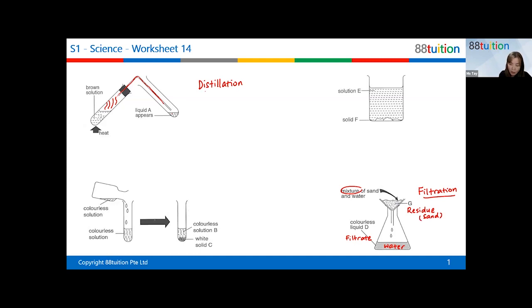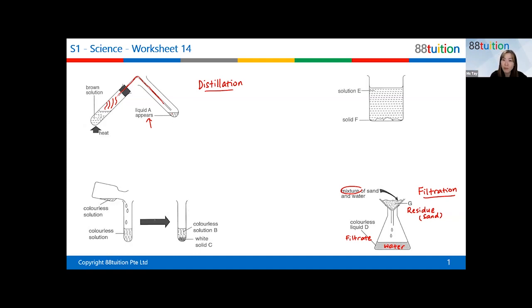So when we come to distillation, what is this liquid termed as? In filtration, we call it the filtrate. So in distillation, the liquid that comes out, we will call it the... very similar, filtration is filtrate.